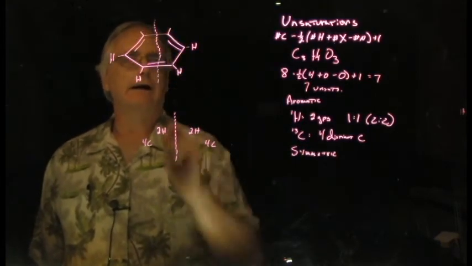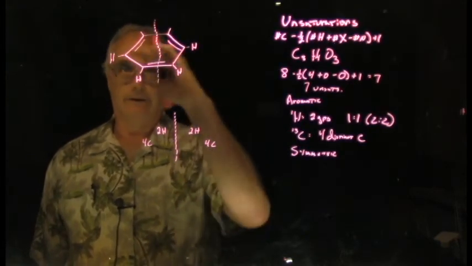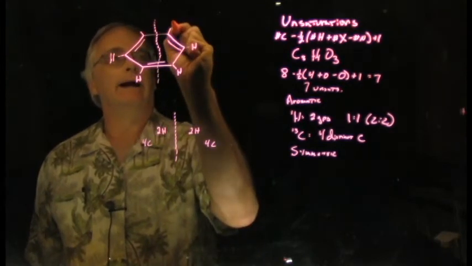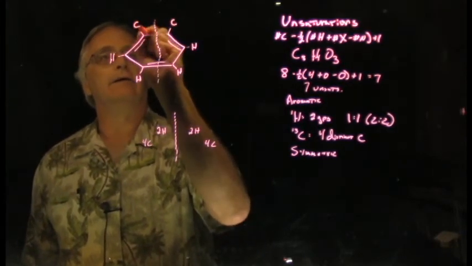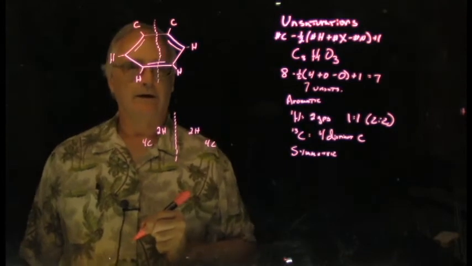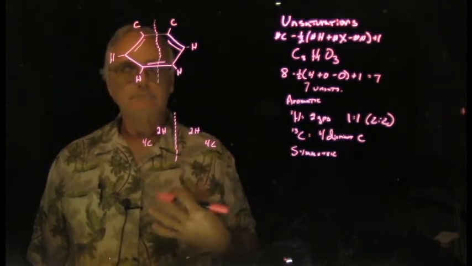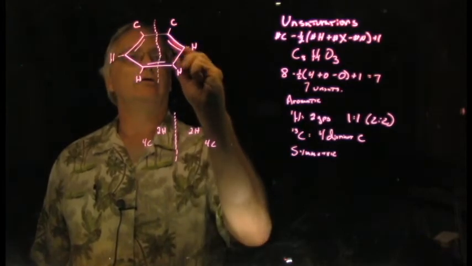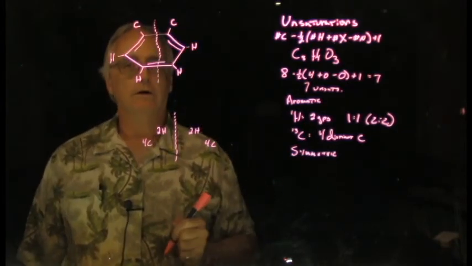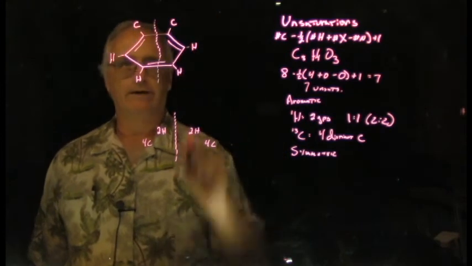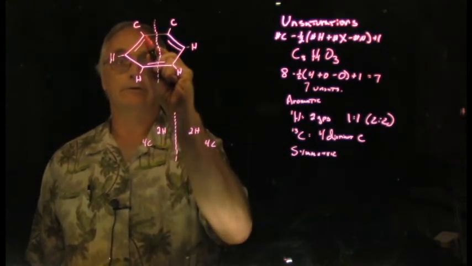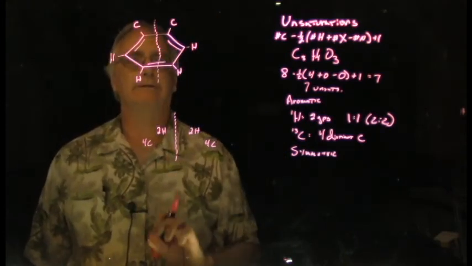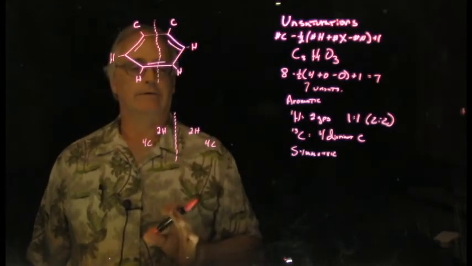I have these little lines not going to hydrogens, going to the rest of the molecule, and it is a reasonable guess that there are carbons up here, and there are now 1, 2, 3, 4 carbons on the right side of the mirror plane, 1, 2, 3, 4 carbons on the left side of the mirror plane, equivalent to each other.